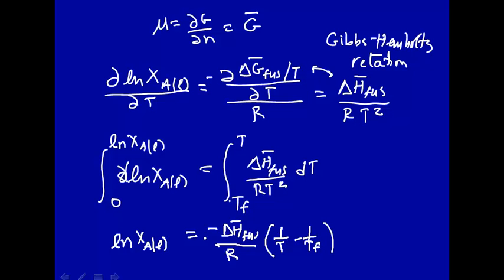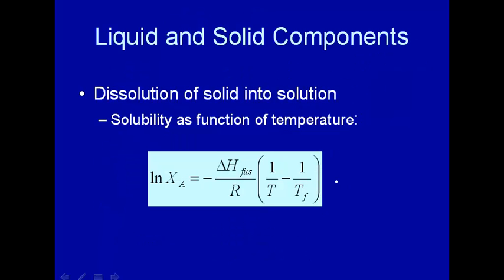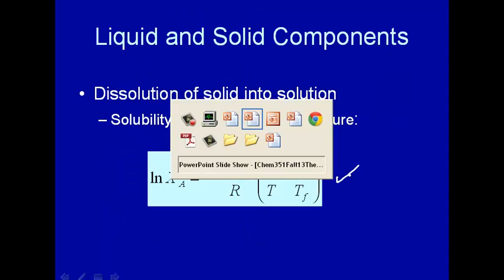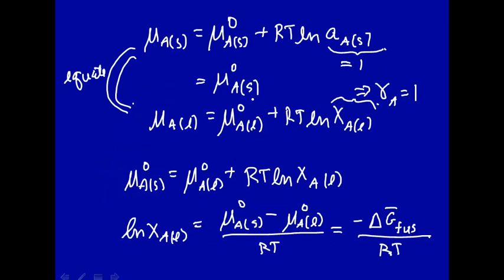So this says that the solubility of A in a solvent, expressed as log of the mole fraction, is proportional to the enthalpy of fusion. So if it takes a lot of energy to pull apart something to melt it, then, because of the minus sign here, you're not going to get as much in solution. All right, so that's where that equation comes from. And again, the key point here is that at equilibrium, the chemical potentials of two things that are in equilibrium are equal.